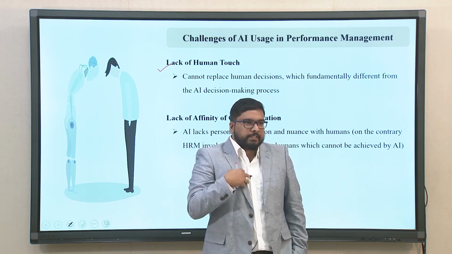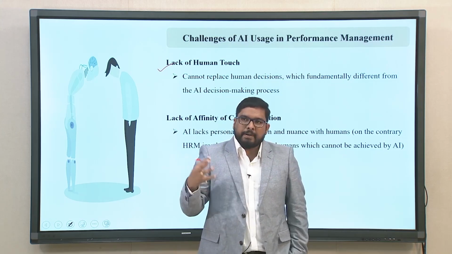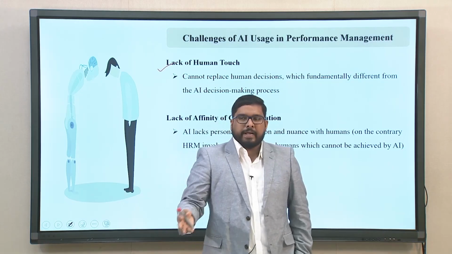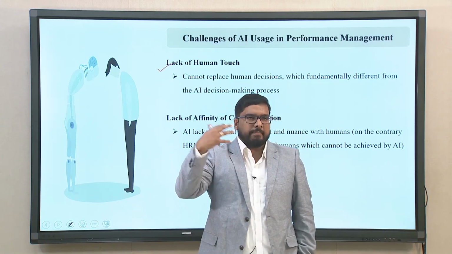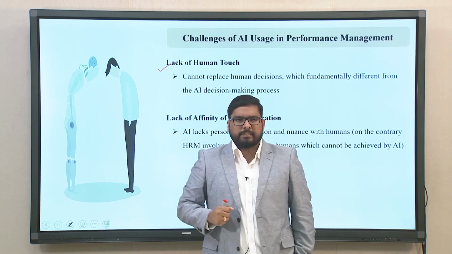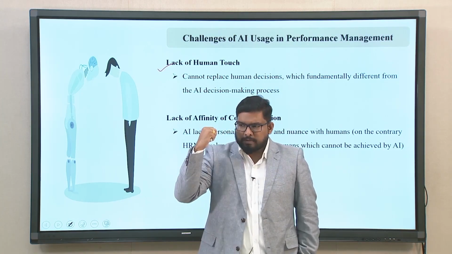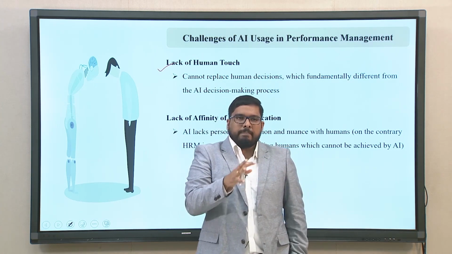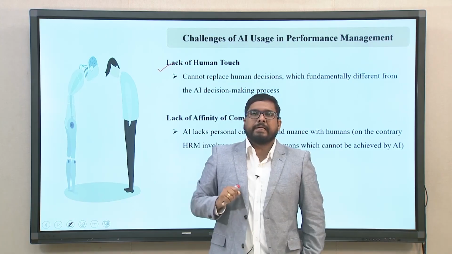So what happens if, let's say, a decision goes wrong? It might be a systemic decision that is taken by an AI-enabled toolkit or AI-enabled software or AI-enabled tool. And let's say it has categorically insulted an individual or ridiculed an individual, or maybe his or her importance in the organization has been belittled.